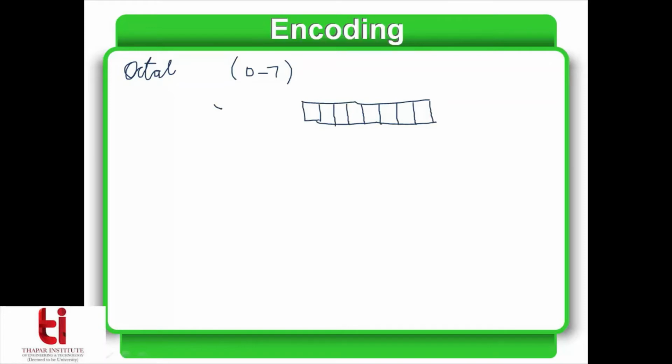So if it is an 8 element string, I can have any values, let's say 4, 4, 2, 1, 0, 7, 6, 3. So this is going to represent one chromosome.